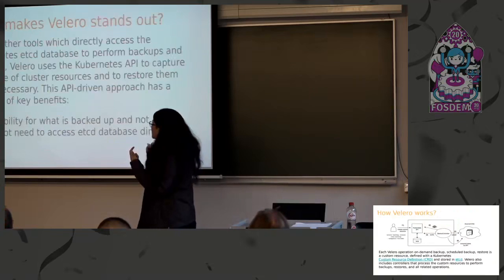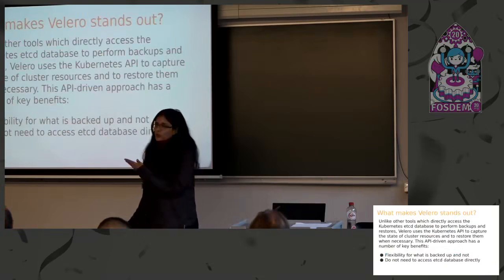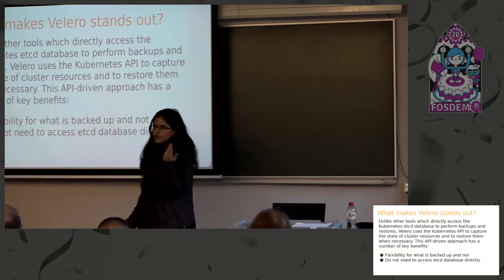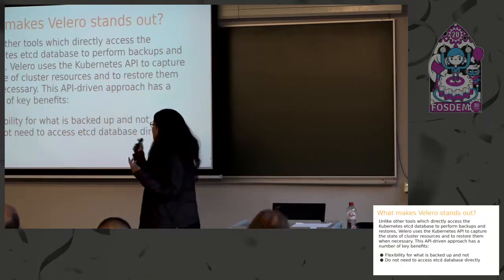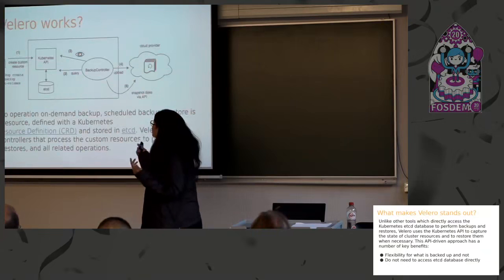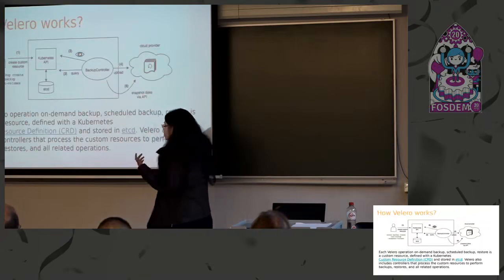Yeah, and the second thing is you don't need to have direct access to the etcd, and in most cases, because of security reasons, you don't have this access also. So how does it work?